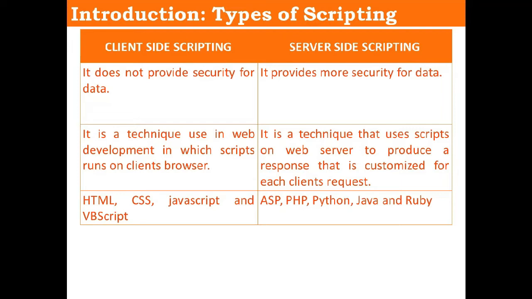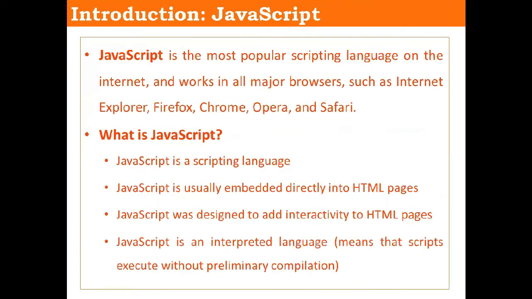The requests given by the client are processed, and the customized response is made and sent back to the client side. Some client-side scripting examples are HTML, CSS, JavaScript, and VB. Server-side examples are ASP.NET, PHP, Python, Java, and Ruby on Rails. Next, we will go into detail about what JavaScript is.